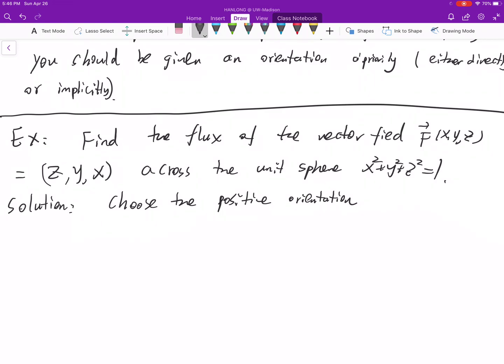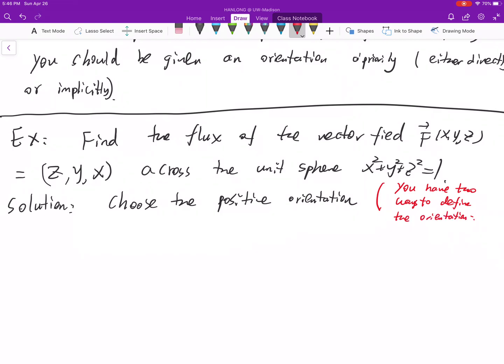Okay, this is actually a little bit tricky, but I leave it to you, because here you have two ways to define the orientation.